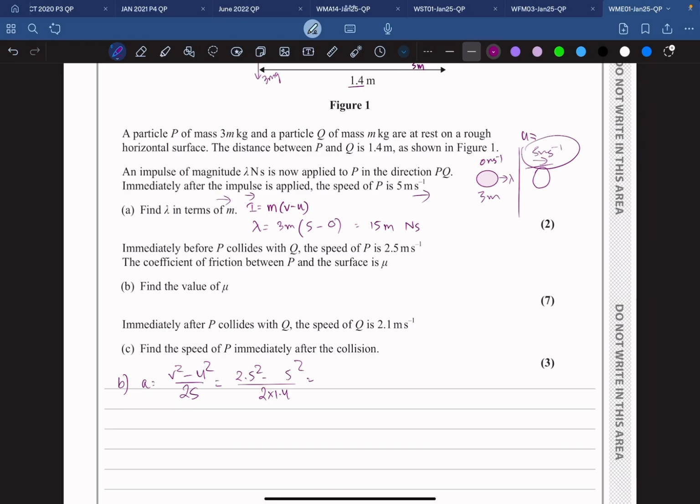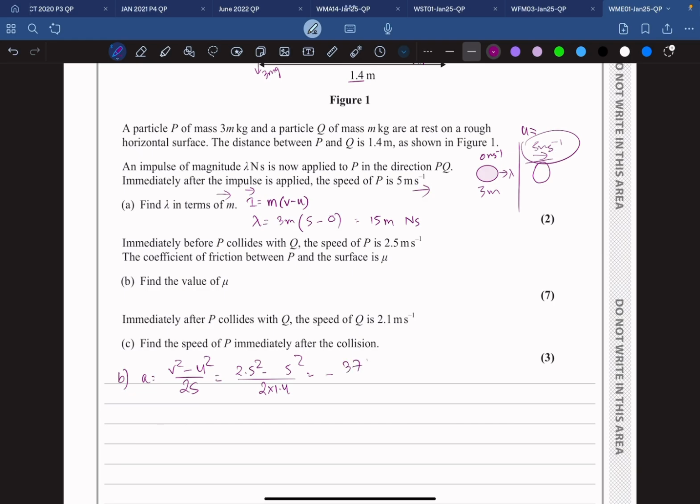Always, mid calculation, mid problem solving, you're going to take the exact value, or at least try to. If you don't get an exact value, just take as many decimal places as you can, so that you get the most accurate answer in the end. It also shows that this comes out to be minus 375 over 56, the same thing, meters per second squared. This is the acceleration.